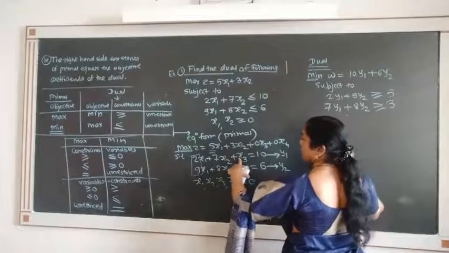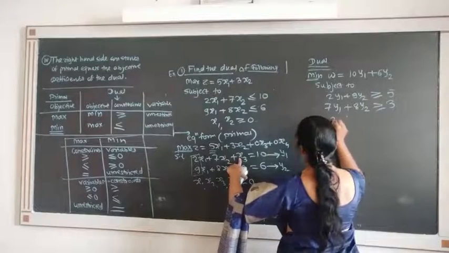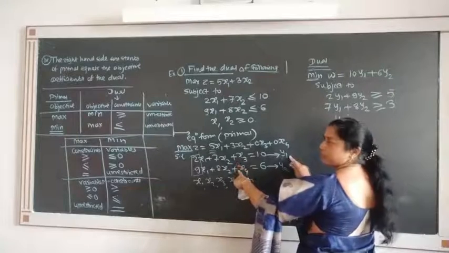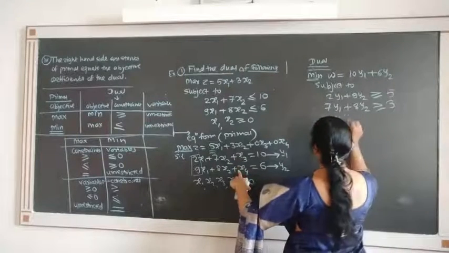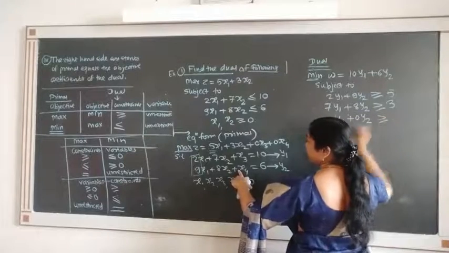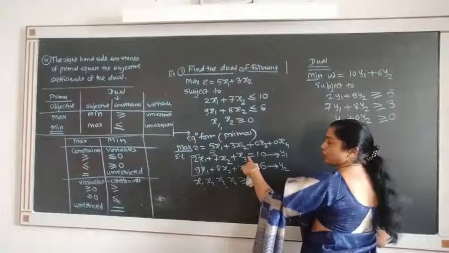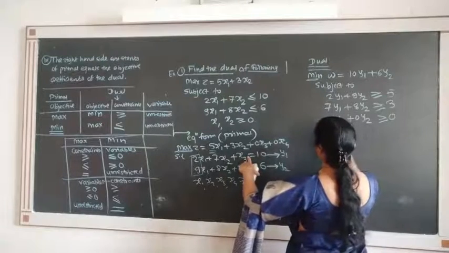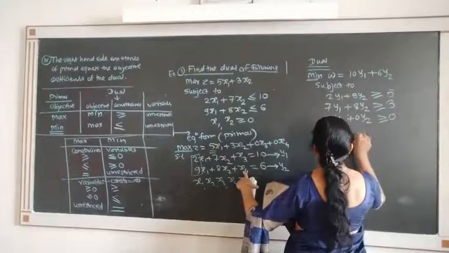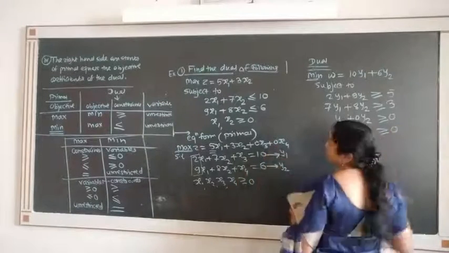Third column, x3. For x3 that is y1, and there is no x3 in the second equation, so 1y1 plus 0y2 greater than or equal to 0. And the fourth column, there is no x4 in the first equation, so 0y1 plus 1y2 greater than or equal to 0.